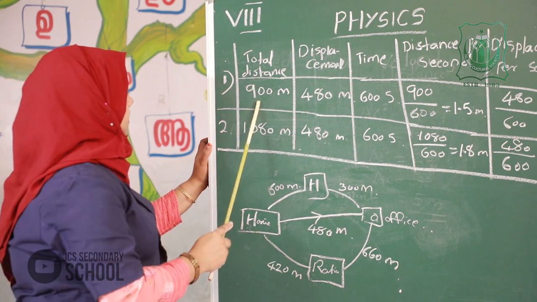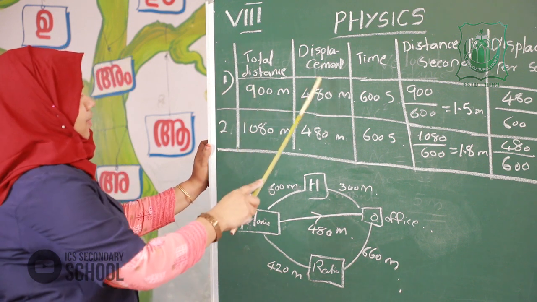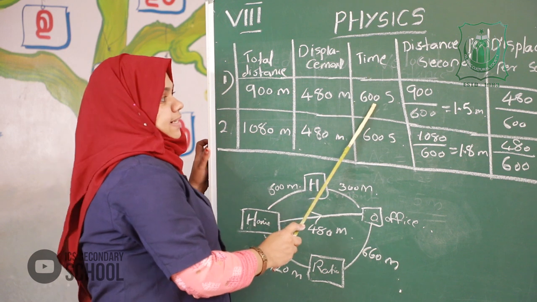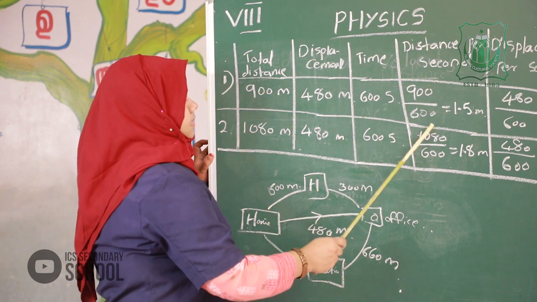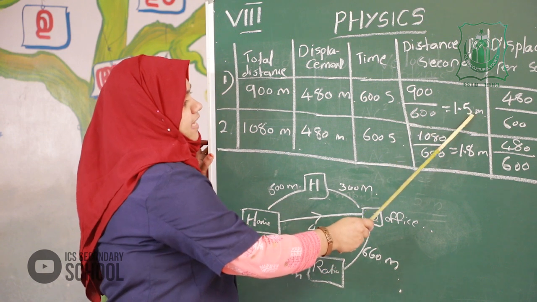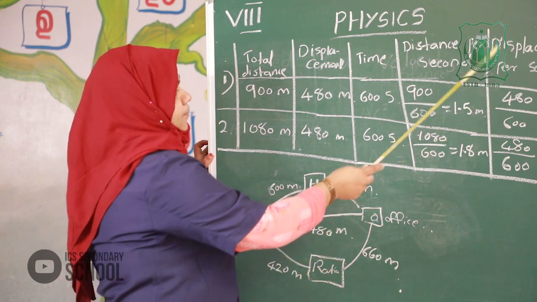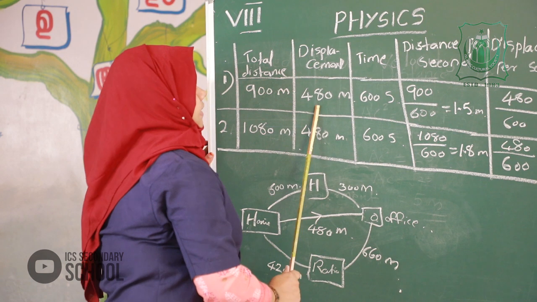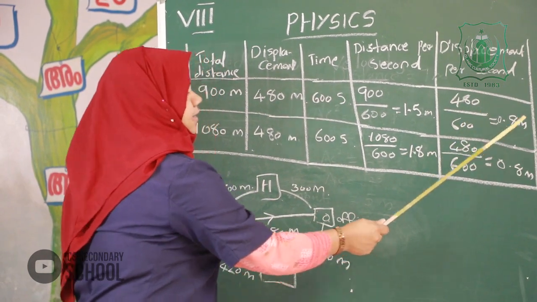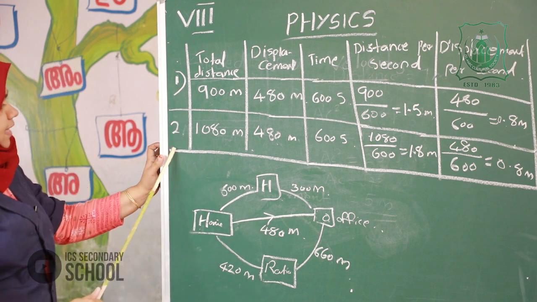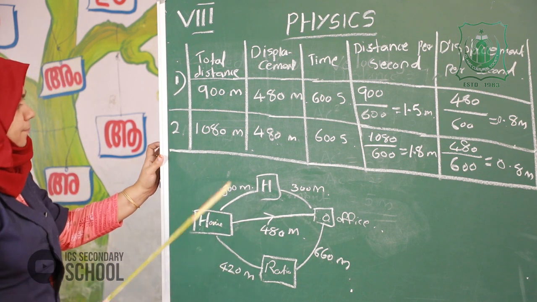Yes, from this table, we write the total distance on reaching office and on reaching home. Total distance 900, displacement 480, time 600 given. Distance per second means total distance divided by 600. We get 1.5 meter. Displacement per second is 480 divided by 600, 0.8 meter. Then second situation, coming back home.